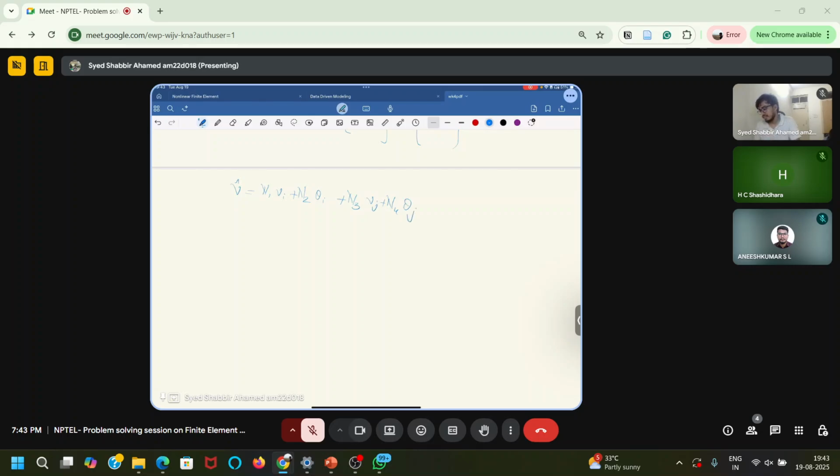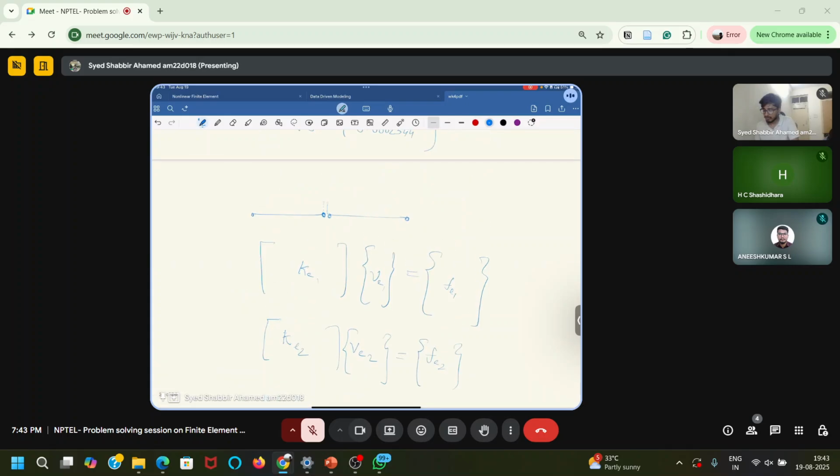Here Vi and theta i become zero because this is a cantilever beam, and at the left end both the displacement and the slope are zero, so I'll be left with N3 Vj and N4 theta j.